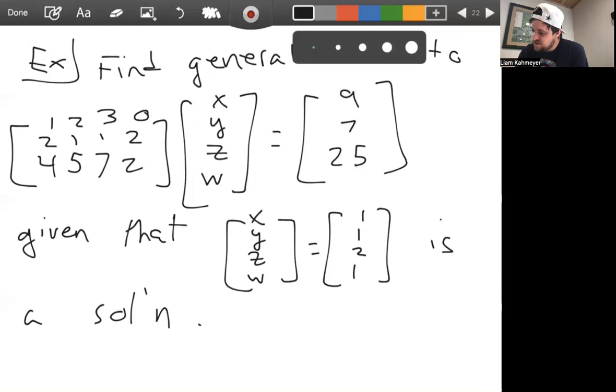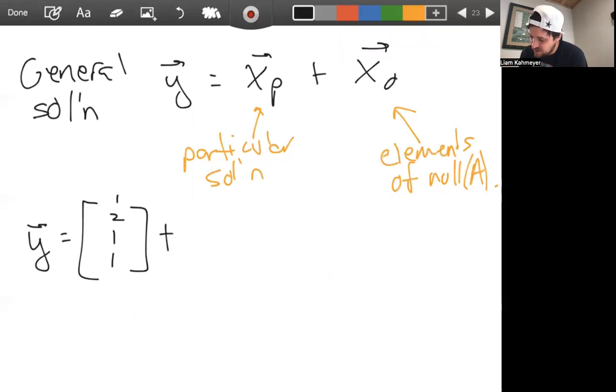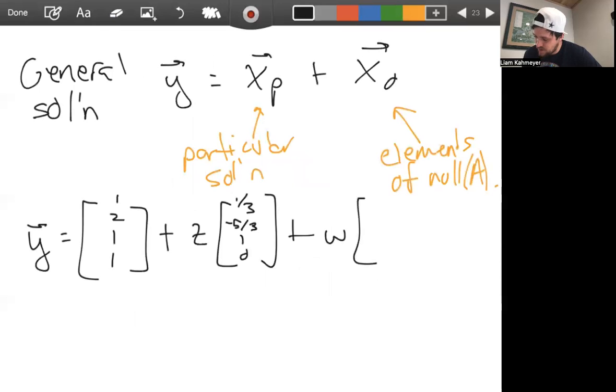So what this means is the general solution to this system of linear equations is 1, 1, 2, 1 plus those elements of the null space. And so I would say z times 1/3, negative 5/3, 1, 0 plus w times negative 4/3, 2/3, 0, 1, right?